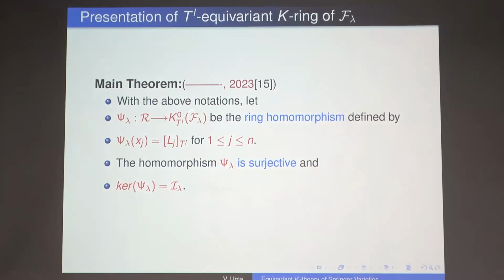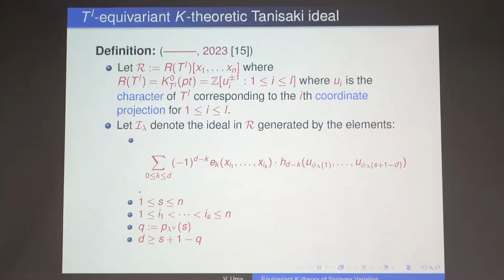In the TL-equivariant K-ring, it is generated by the equivariant vector bundles. So these are TL-equivariant line bundles, and the classes for j from 1 to n. So we show that they generate. That means this map is surjective, so these line bundles generate the K-ring, and the kernel is given by the ideal with these relations.